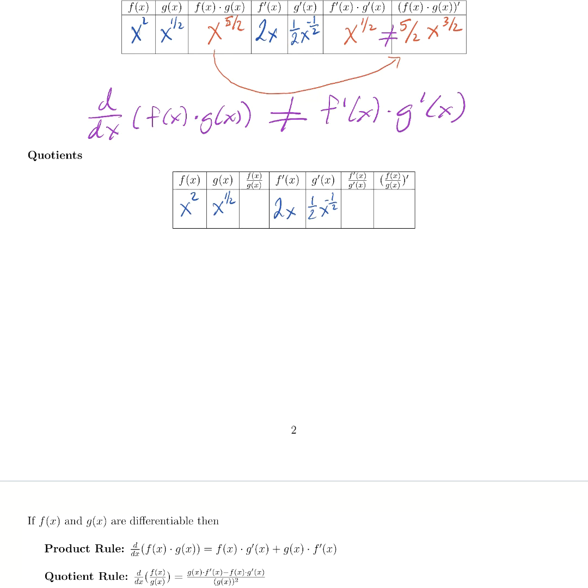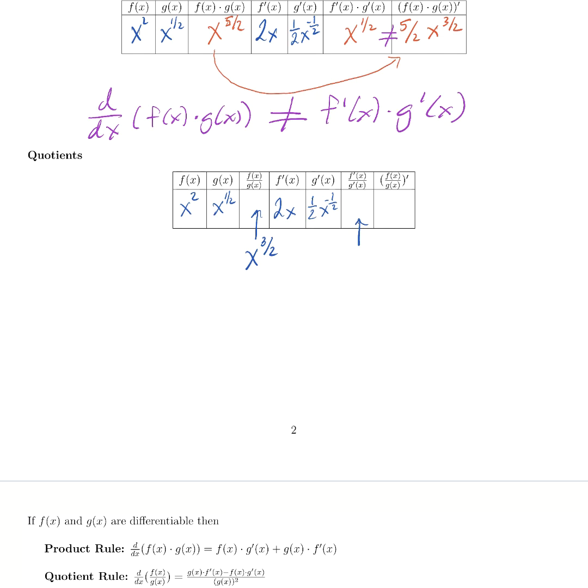Okay, there's f and g. There's not a lot of room in these blanks, so I might write outside of them. So if we want to fill in here f divided by g, x squared divided by x to the 1/2, sorry, would be x to the 3/2 power. And then there's f prime and g prime, and if I divide those, 2x divided by 1/2 x to the negative 1/2.